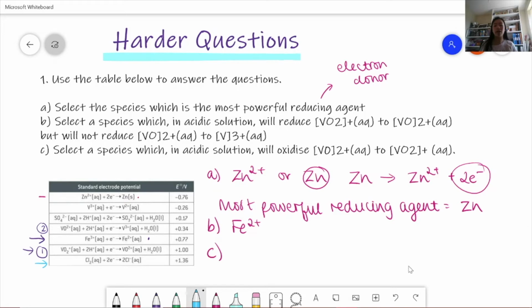Now we need to work out between chlorine and chloride which one is the oxidizing agent. The oxidizing agent is the electron acceptor. From this equation, we can see that chlorine is the electron acceptor because we're adding on 2 electrons to form chloride ions. And so our answer is chlorine.